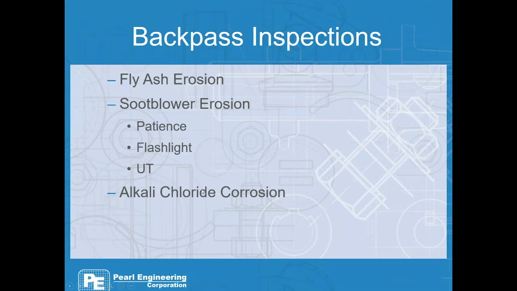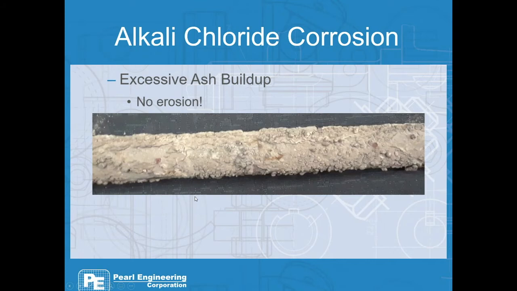Sometimes you'll find something you weren't anticipating, such as alkali chloride corrosion. One boiler I was inspecting a few years ago, there was excessive ash buildup on the tubes in the secondary superheater and primary superheater. We thought there's no problem with erosion because there's so much buildup straight above the subfloor.